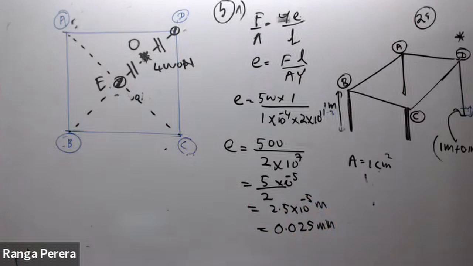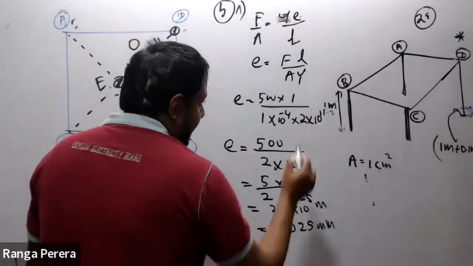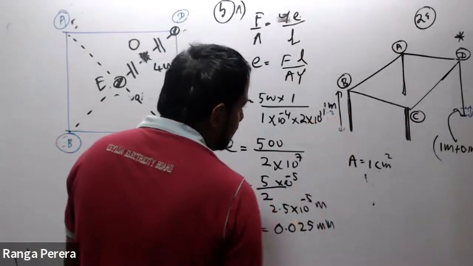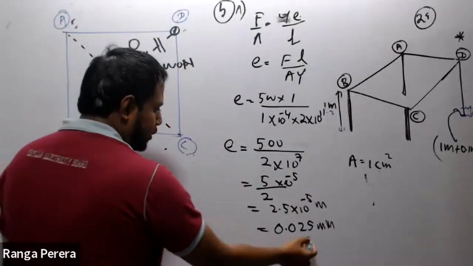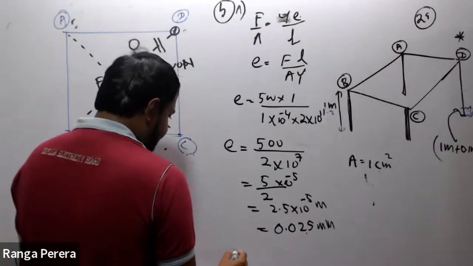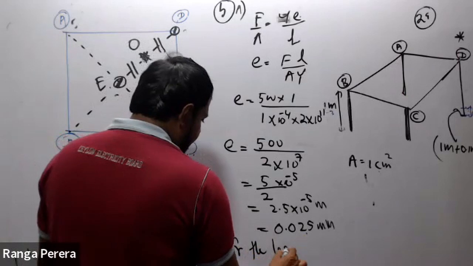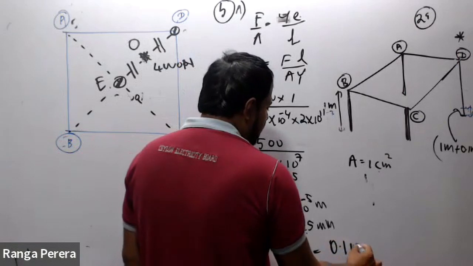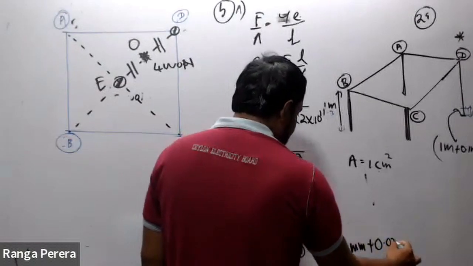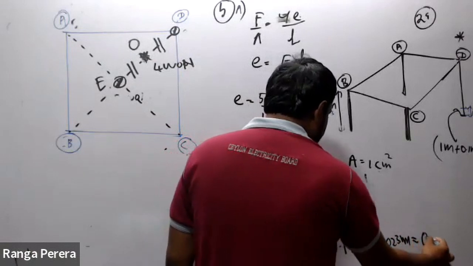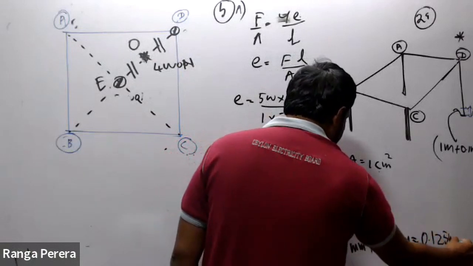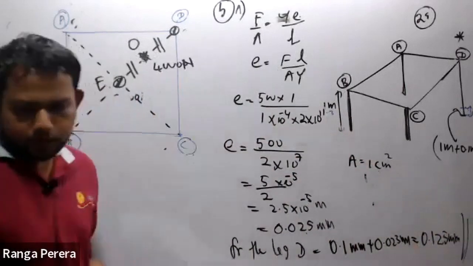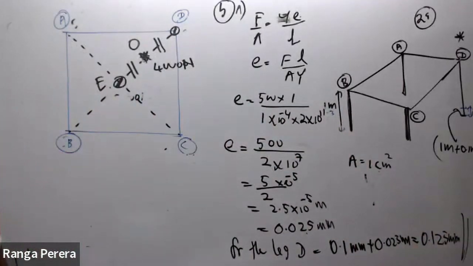So this is the compression for A, B, and C. For the longer leg D, it should be how much? 0.1 millimeter plus 0.025 millimeter, which is equal to 0.125 millimeter.